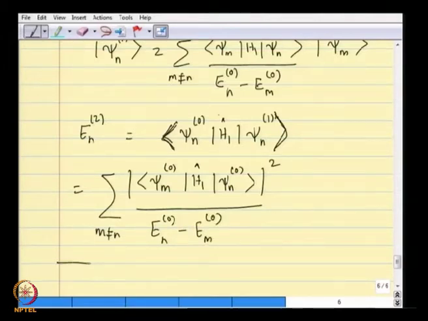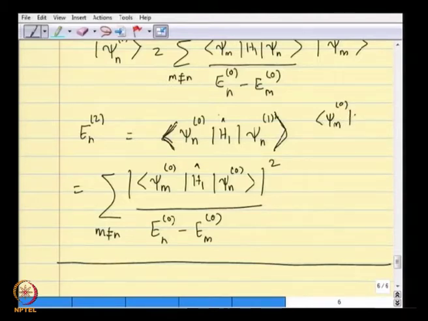Okay. These are the three most important results, and of course we have used the condition that psi m 0 psi n 0 is the Kronecker delta m n, which is 1 if m is equal to n or 0 if m is not equal to n.